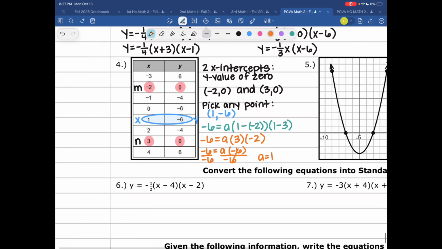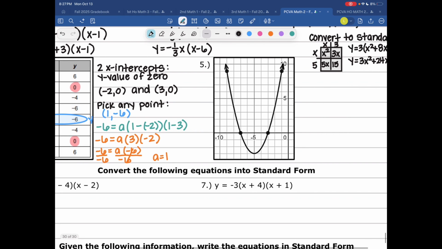So I can finalize my quadratic that I would have found in factored form. So I can write the 1 in front, but it's not necessary. But I would say (x + 2)(x - 3). So that 1 in front, again, is not necessary. I would just write my 2 factors.